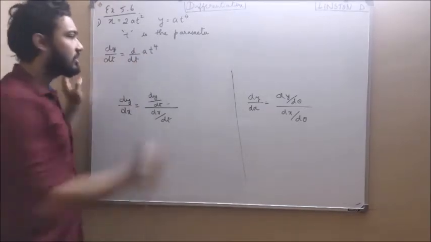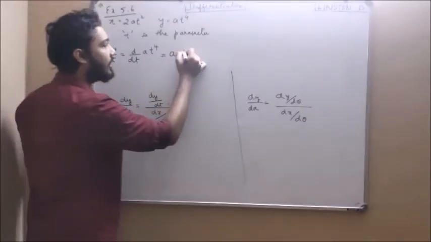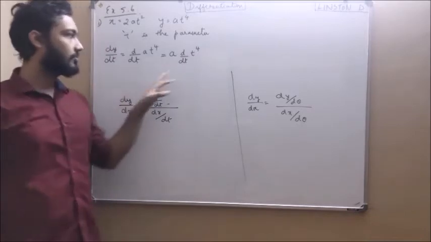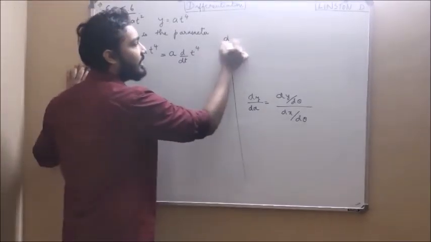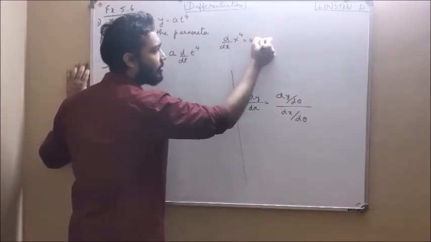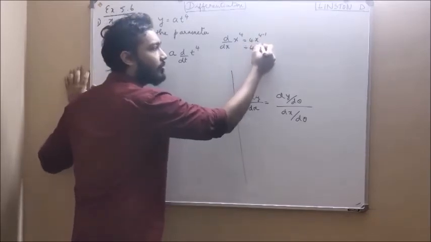So here a is constant. We take this out into d by dt of t to the power 4. Now how to differentiate this? We have d by dx of x power 4 is nothing but 4 into x to the power 4 minus 1. So this is equal to 4 into x cubed.